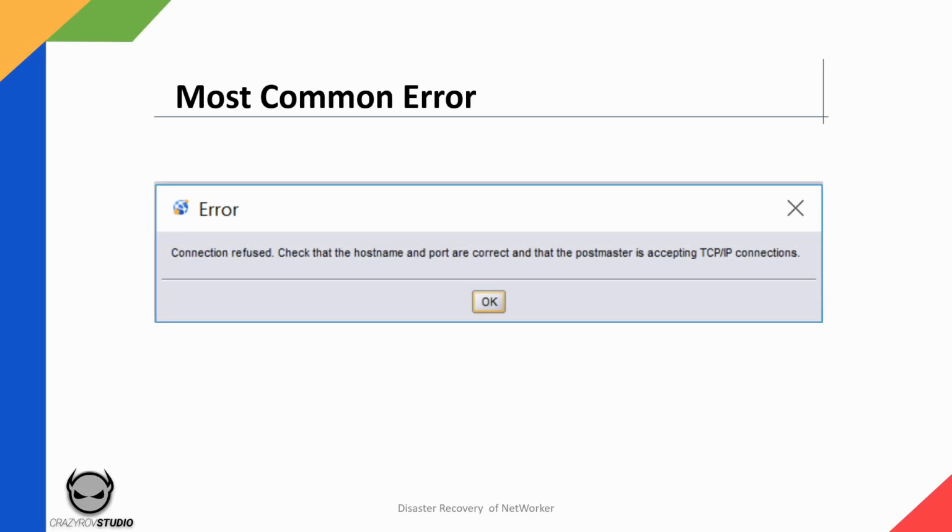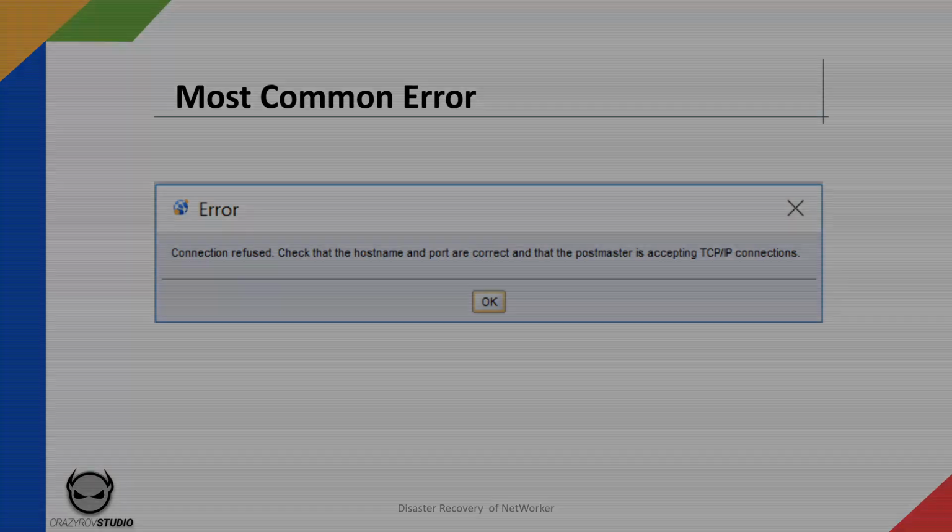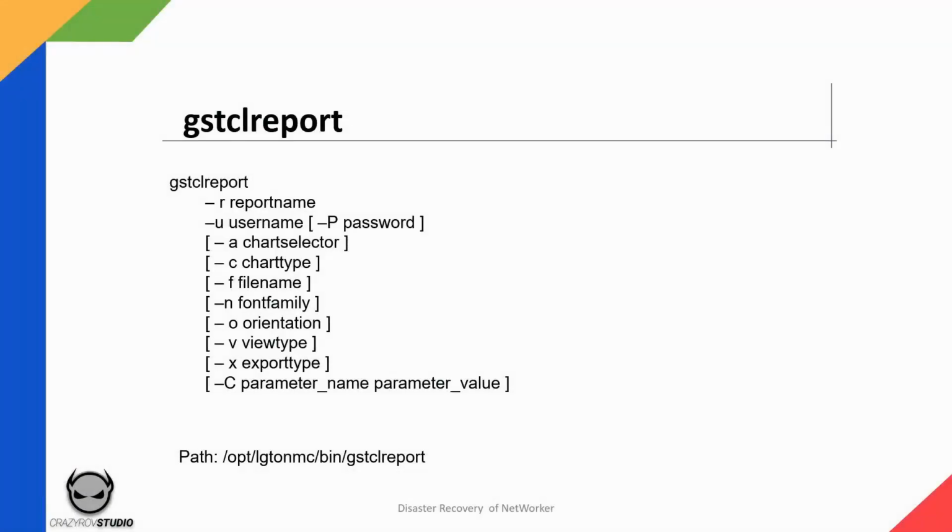So this has plagued me for such a long time during my operational duty days that I had never been able to get to the root cause for, or I did not try very hard. But because I found a workaround for this issue, and this was the gstclreport. This is the CLI command to generate the same kind of report that the NMC reports could.